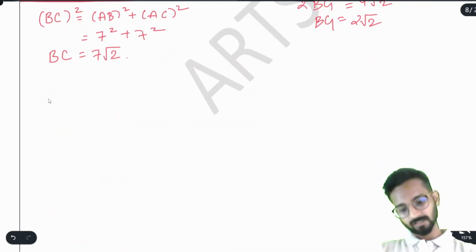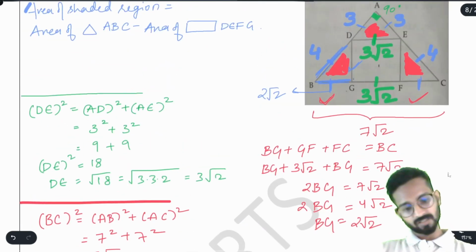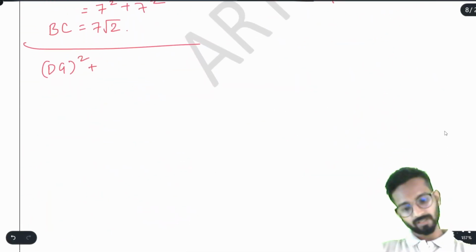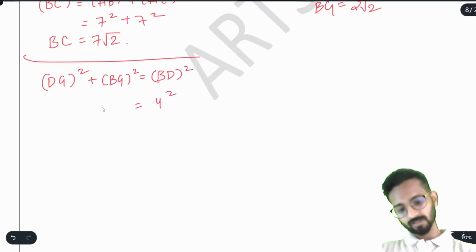I can say DG is the perpendicular, so DG square plus, what was the base? Base is BG square, BG and BD, plus BG square is equal to BD square. BD square is 4 square, BG is 2 root 2 square, and this is your DG.